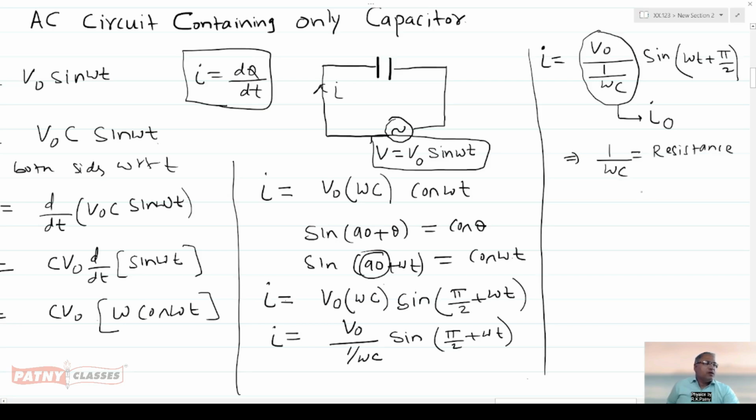But for the capacitor, we don't use the word resistance. We use the word reactance. So it is a capacitor. Therefore, 1 upon omega C is nothing but what is called the capacitive reactance, and it is denoted by Xc.